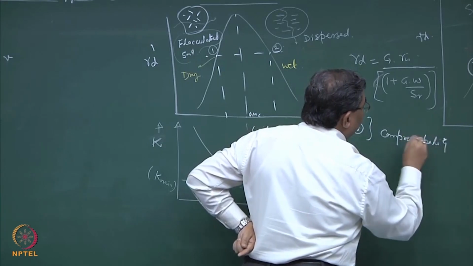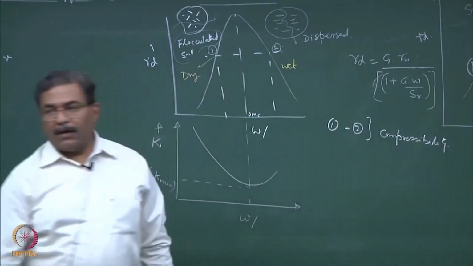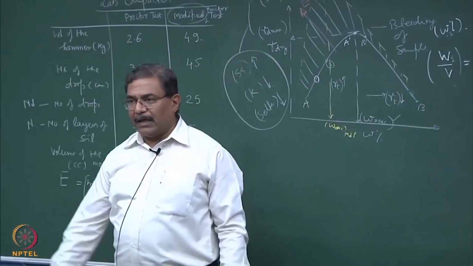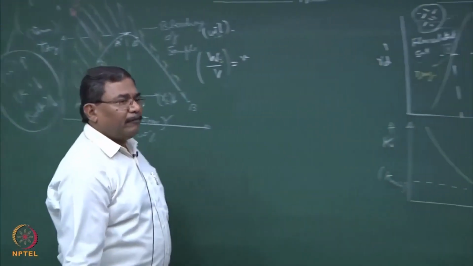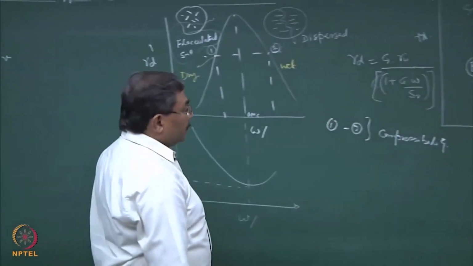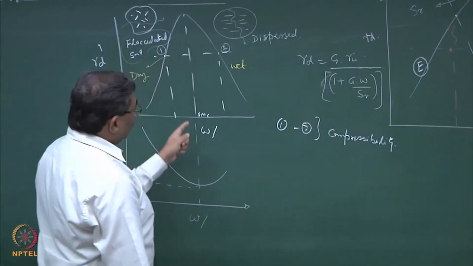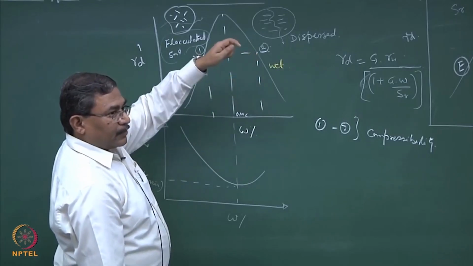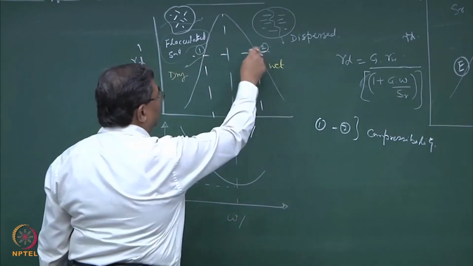So, if you are making a cricket pitch, or an embankment, or an airstrip, or an earthen dam, or a foundation system, you have to be very careful about where you are going to compact and what point you are going to select for constructing the structure, whether the wet of optimum or dry of optimum.